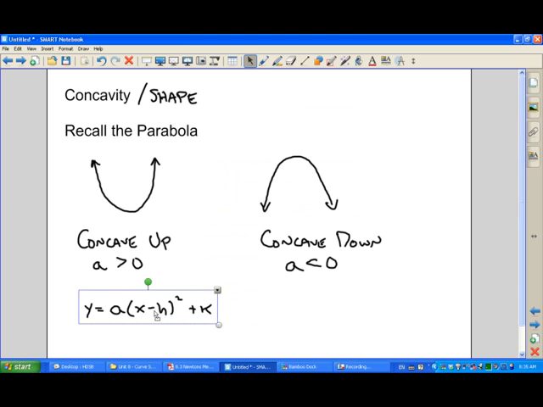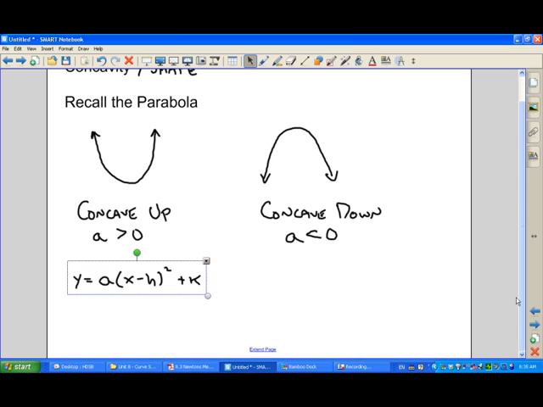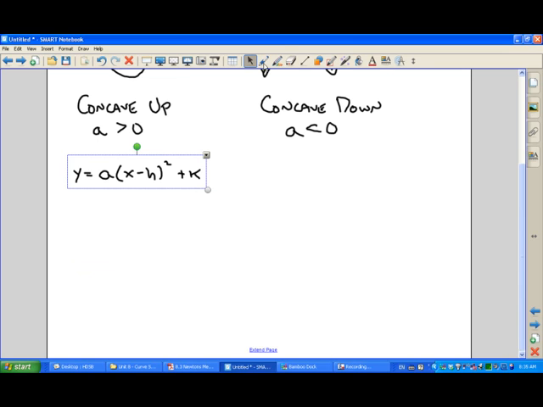Let's take that vertex form of a parabola and just examine it for a second. I could take the derivative of this, even though there's no real numbers in it, bring the exponent down, multiply by that factor, decrease the exponent by 1, take the derivative of what's inside.